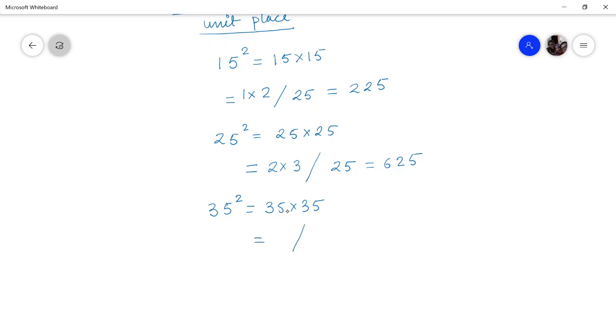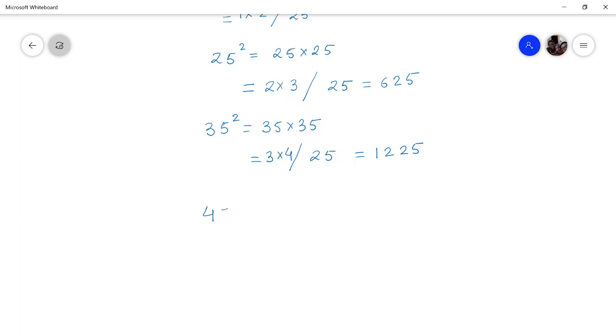So square 5 to get 25, and then multiply 3 with 1 more, that is 4. So this will be 1225. Let us say you want to square 45. So this will be 45 into 45. You square this 5, and you multiply 4 with 1 more, that is 5. So 5 4s are 20, 25 is the answer.